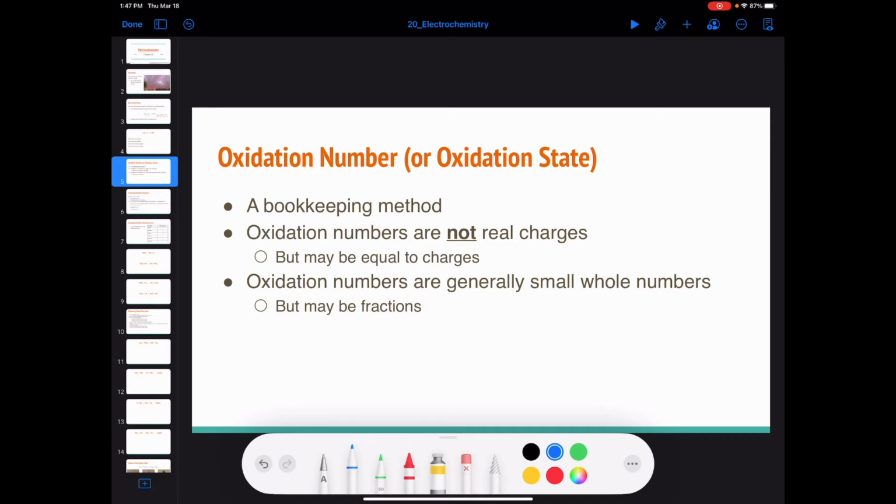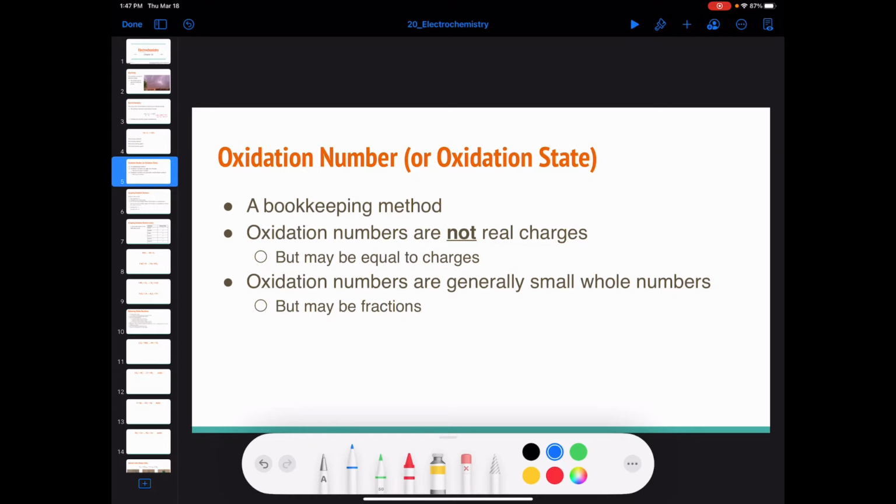Now, it's important to note that these are not real charges, okay? The confusing thing is that if something has a charge, that's also going to be equal to its oxidation number, but just because something has an oxidation number doesn't mean that's its charge, okay? So let me give you an example. A sodium cation has a +1 charge, so therefore it also has a +1 oxidation number, okay?